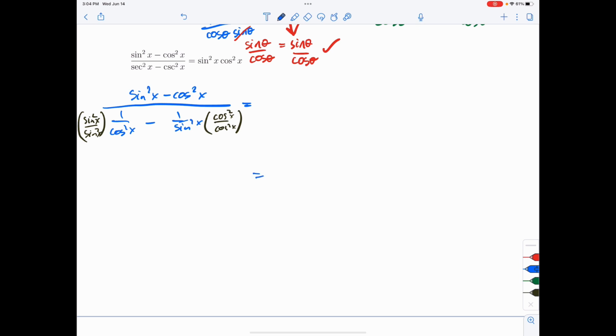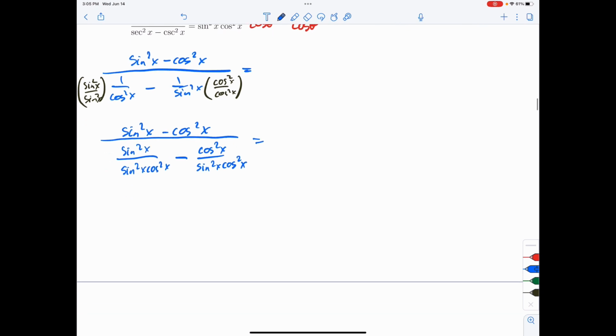In the numerator, we're going to have sine squared of x minus cosine squared of x. In the denominator, on the left fraction, we'll get sine squared of x over sine squared x cosine squared x, minus cosine squared of x over that same denominator.